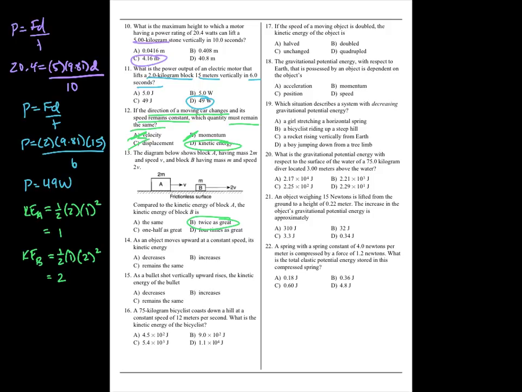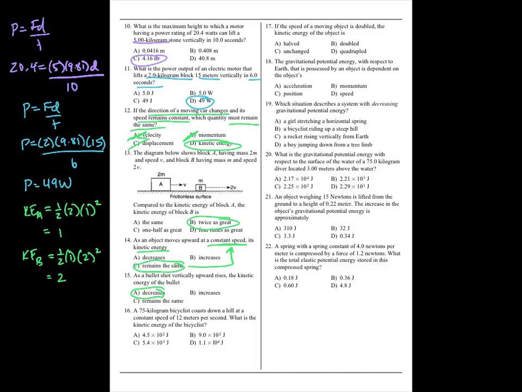Alright, number 14. As an object moves upward at constant speed, kinetic energy will also remain the same because constant speed. Now, number 15, as a bullet shot vertically upward rises, the kinetic energy decreases. Because if you think of an object being thrown upward, gravity is pulling down, so it slows down as it goes up, so kinetic energy decreases.